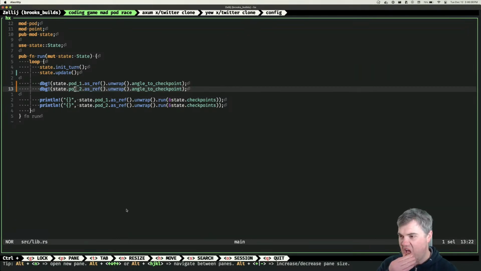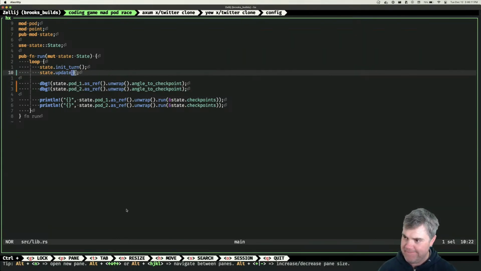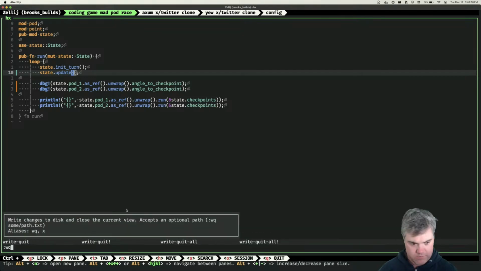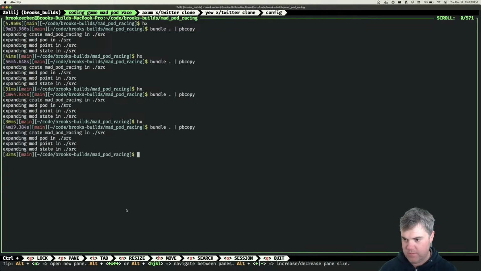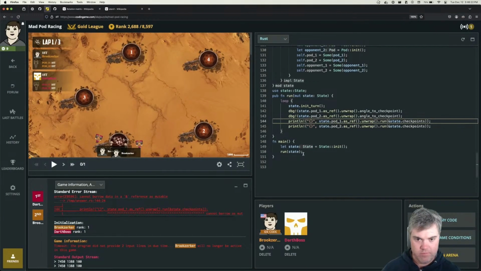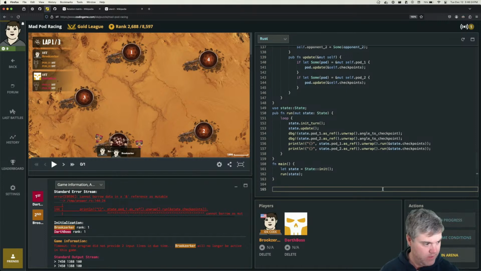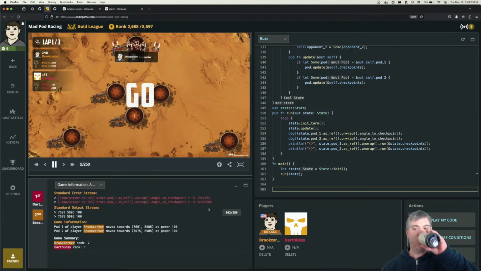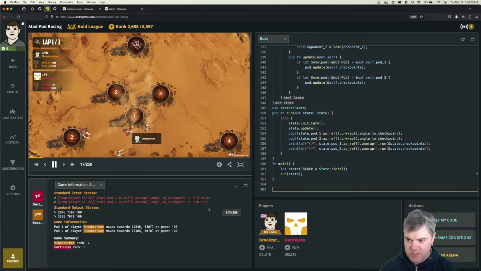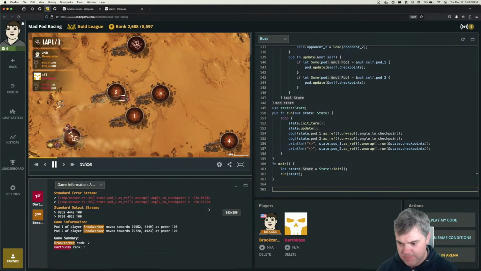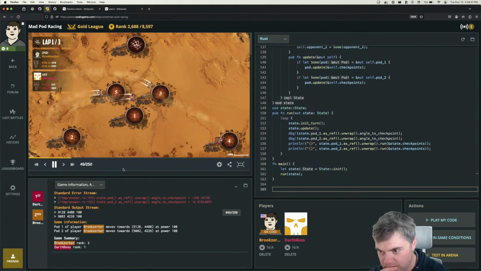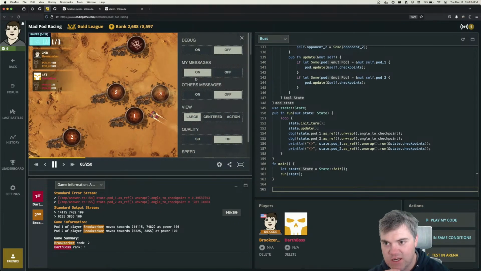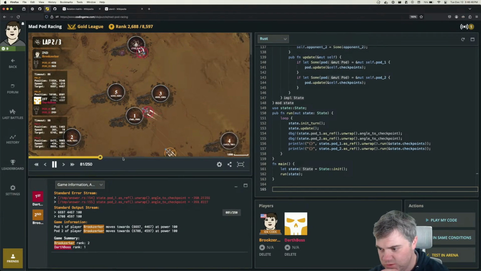Okay, so now we have numbers. Let's turn on debug mode again so we can look at which one's 1 and which one's 2.